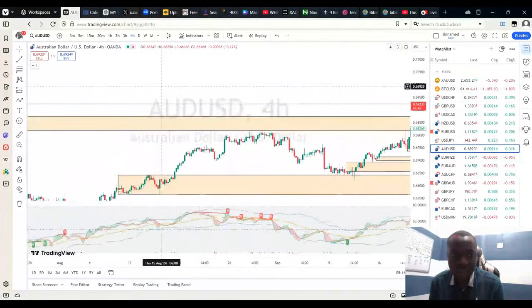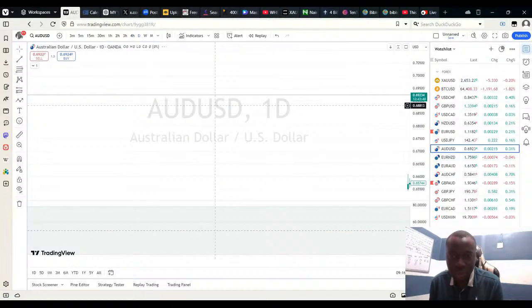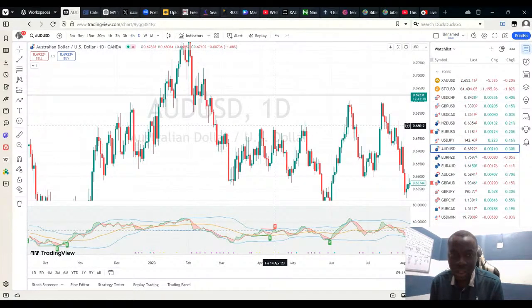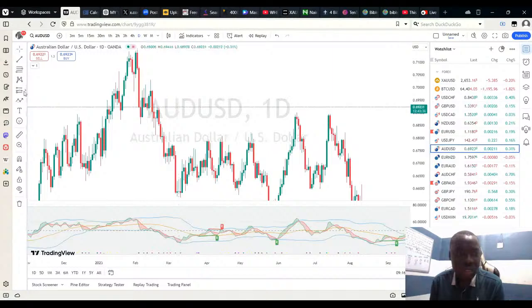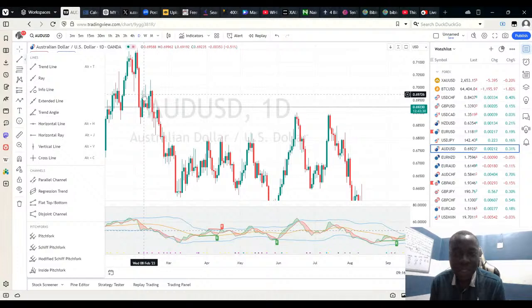Now the question is, where should we expect our TP on this AUD USD? I gave us a TP that we should be expecting the market to come to this region, which is to the price of 0.700 or 0.6950.